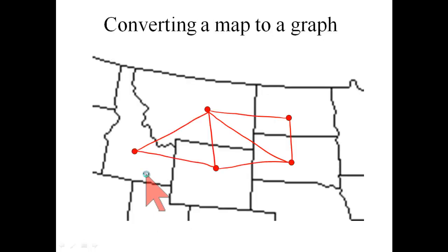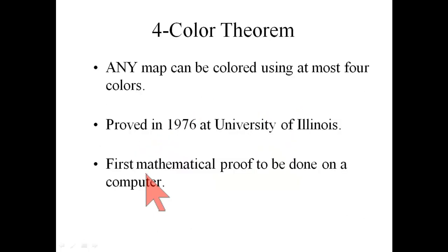Because in 1976, the so-called 4-color theorem was proved that says any map can be colored using at most 4 colors, and it turns out the map of the United States does need exactly 4 colors. Perhaps another map, like the little map just surrounding the state of Montana, could be colored with 3 colors, but at most a map can be colored with 4 colors.